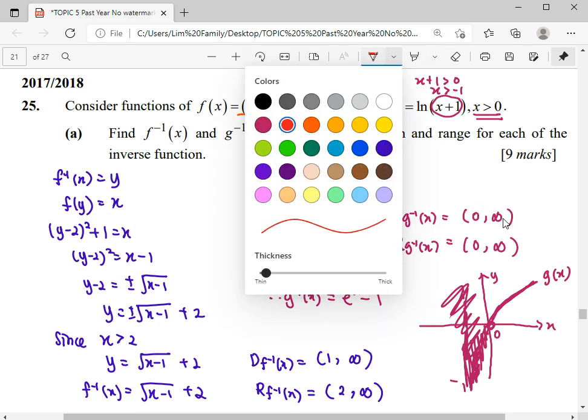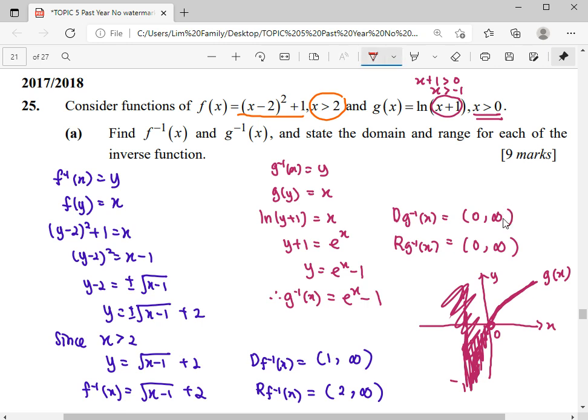Okay, so let me put the marks here. Concept of calculating our inverse and select the correct part, because this function originally is not one-to-one, but because of the condition of the question, it become one part of the graph only, it become one-to-one.